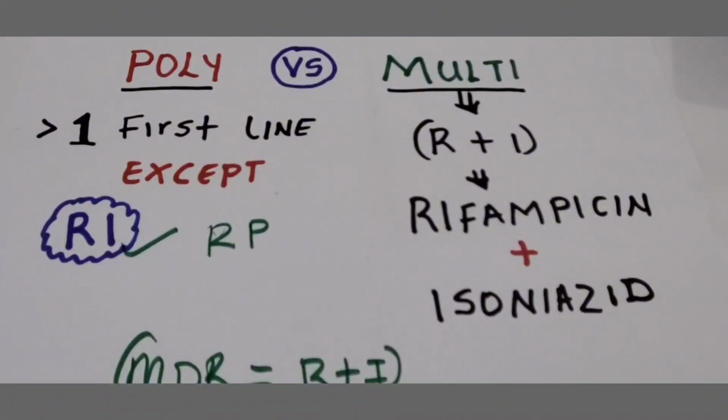If we have both rifampicin and isoniazid as resistant, then we can consider that as multi-drug-resistant TB. So polydrug-resistant TB can be when we have rifampicin and pyrazinamide, or rifampicin and ethambutol, or isoniazid and ethambutol. But if we have only rifampicin and isoniazid, then we can say this is multi-drug-resistant TB.